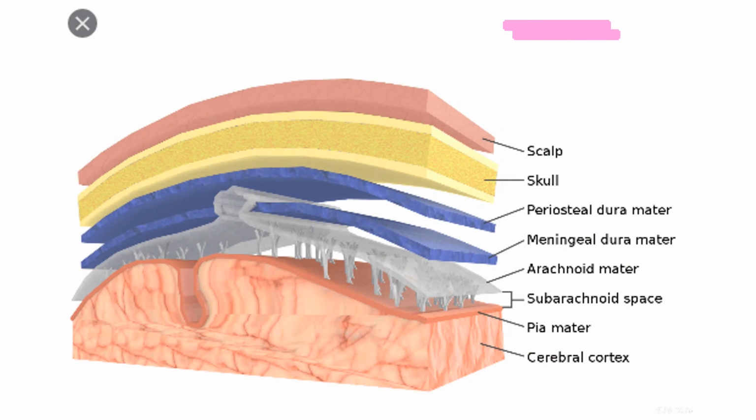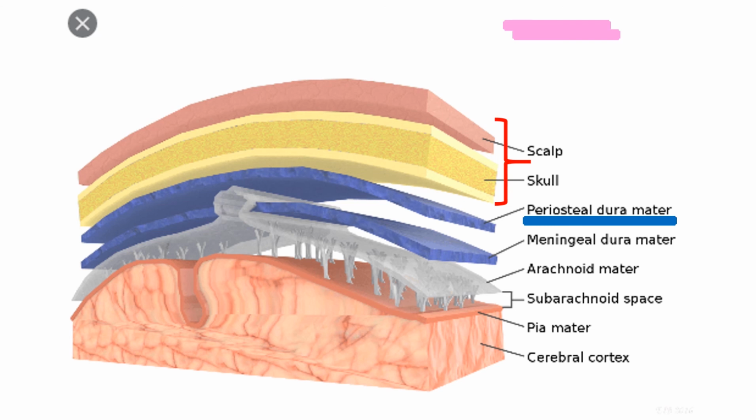Now, what covers and protects the brain? The answer is three meninges: outer, middle, and inner. Now, under the scalp, you can see the dura mater. The dura mater is made of two layers.